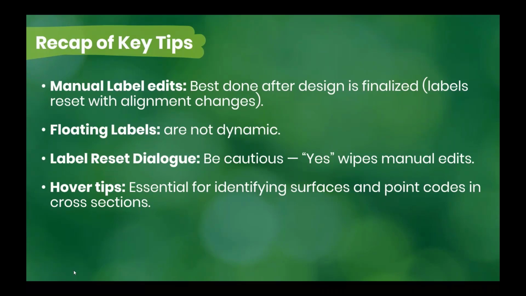We talked a little bit about floating labels and how they are not dynamic. So if you are putting them adjacent to a feature of your alignment that might change, just be careful because they are not going to move with it. We talked about that label reset dialog and to be cautious, to actually think before you just dismiss it, because yes, it wipes away all those manual edits you've made.